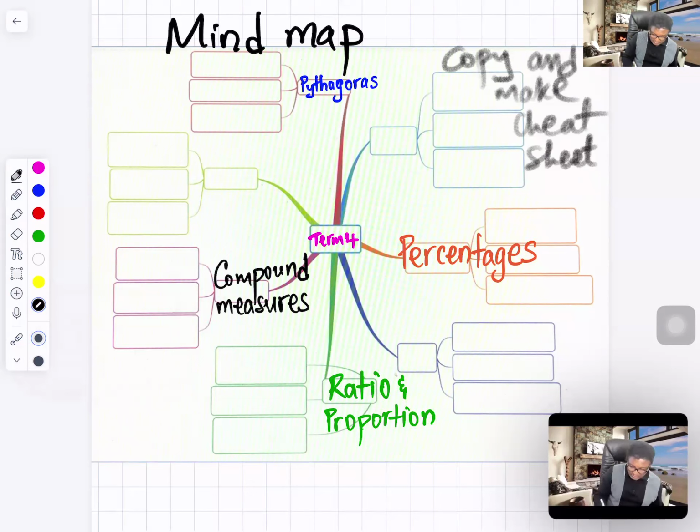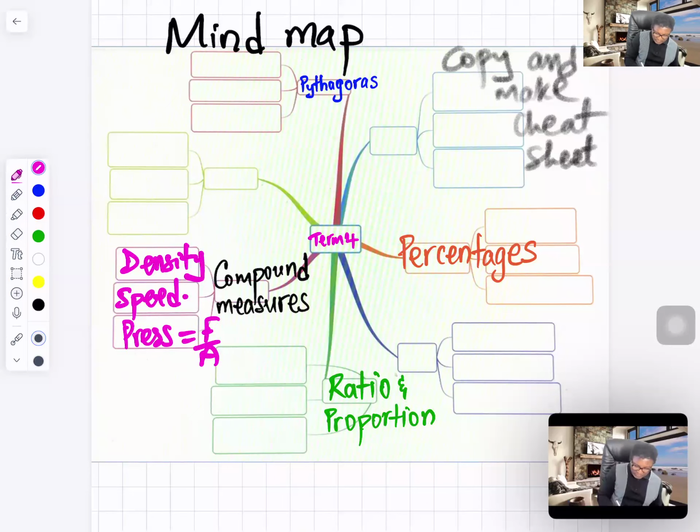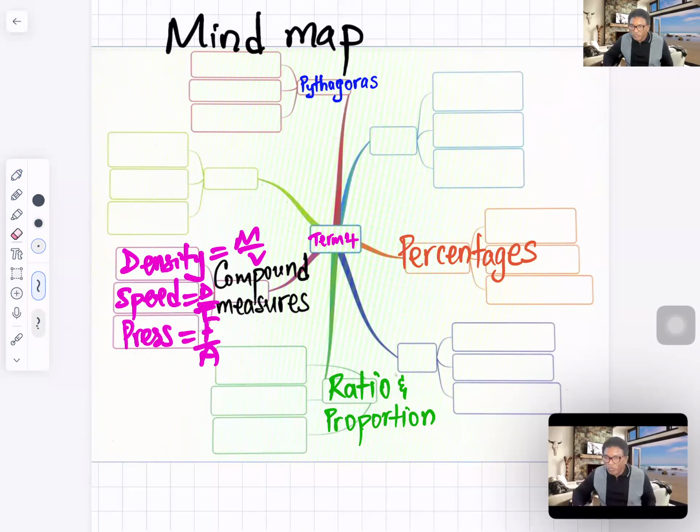So you can add things in this compound measure: density, speed, pressure, the force over area, speed, distance over time, density, mass over volume. It helps you have a map of what you are learning.